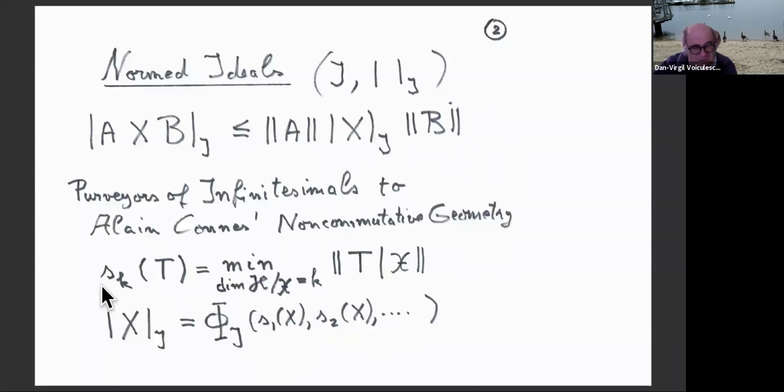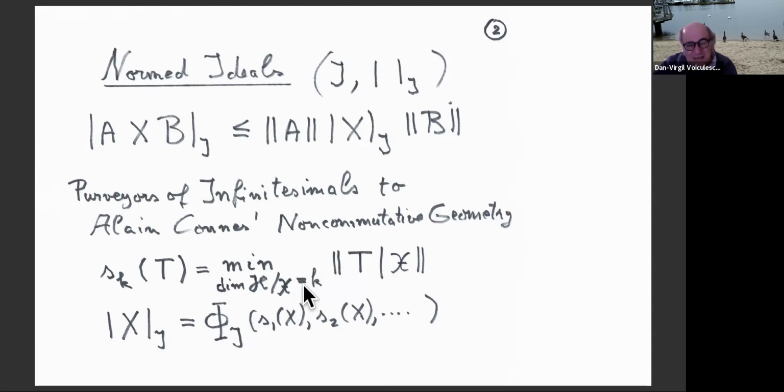Let's denote by s_k(T) the so-called kth s-number of T. These are eigenvalues of the absolute value of T. It can be characterized also in the following minimax way. You take T and restrict it to a closed subspace of codimension k, and then you take the norm of this.